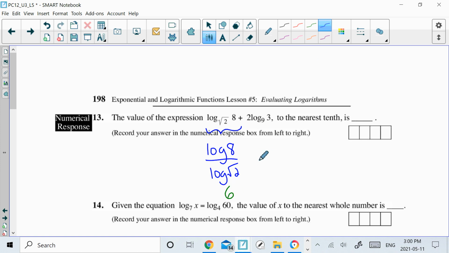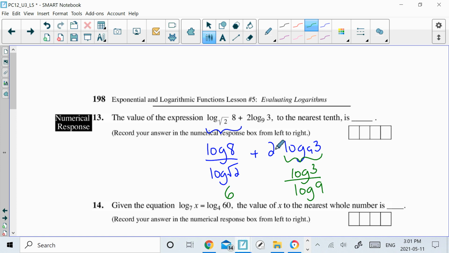And then to that, we're going to have 2 times the log base 9 of 3. So again, I would take the log base 9 of 3 and evaluate that using the change of base. So that would be the log of 3 divided by the log of 9. You would type that in on your calculator, and the log of 3 divided by the log of 9 is 1/2.